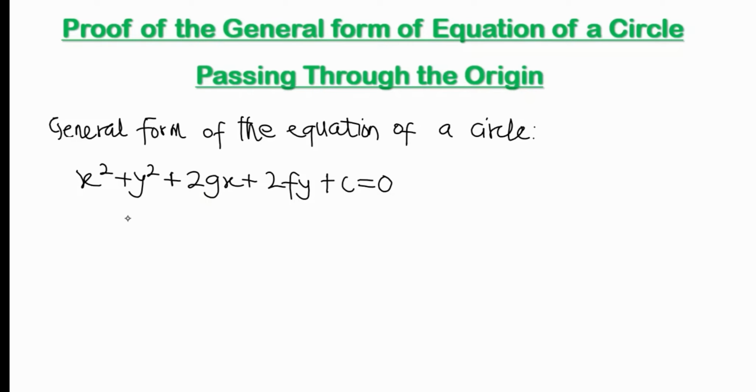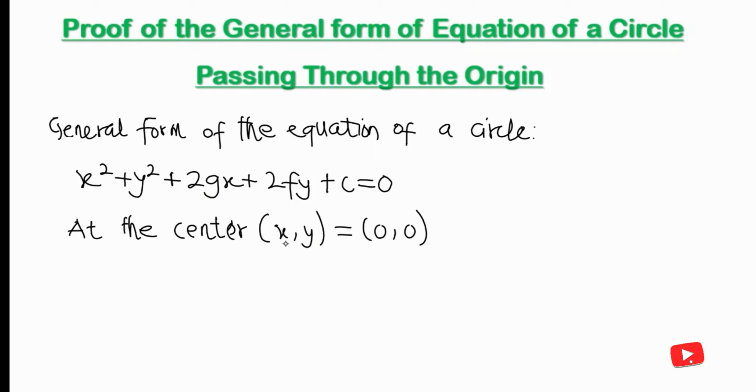Now, if this general form of the equation of a circle is passing through the origin, then it means that the coordinate at the center is 0, 0. So that means that at the center, x comma y is equal to 0, 0.